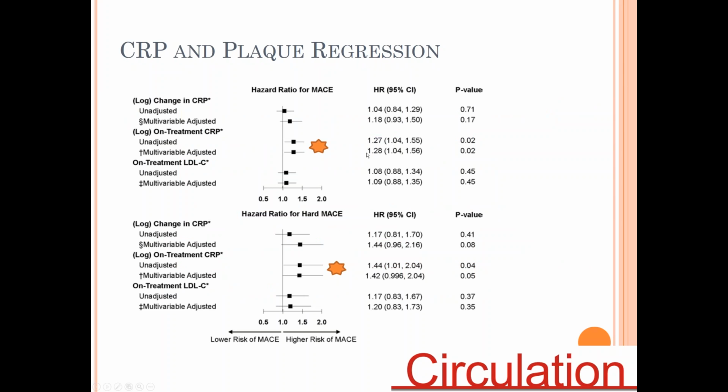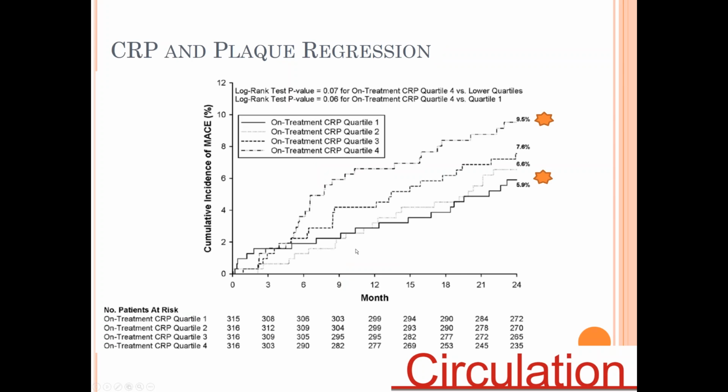Looking at the hazard ratio for major adverse cardiovascular events, there was a statistically significant difference in the p-value looking at patients' CRP levels, as opposed to just looking at which agent they were on and atherosclerosis. And if you look at the first and fourth quartiles, there was a difference on the Kaplan-Meier curve in terms of major cardiovascular events. So lower CRP was probably a better predictor than LDL for progression of plaque and major cardiovascular events.